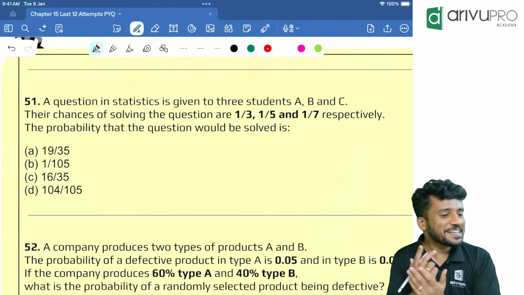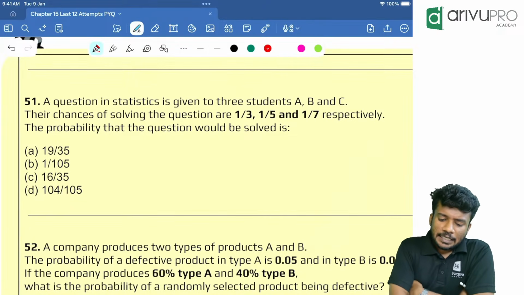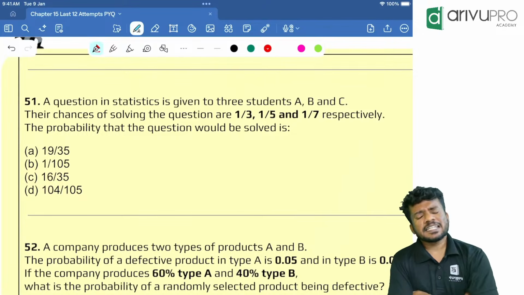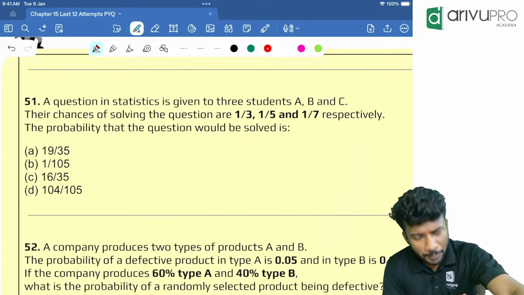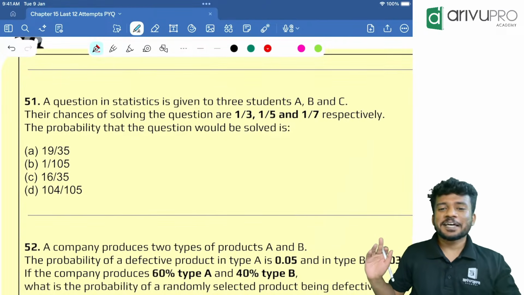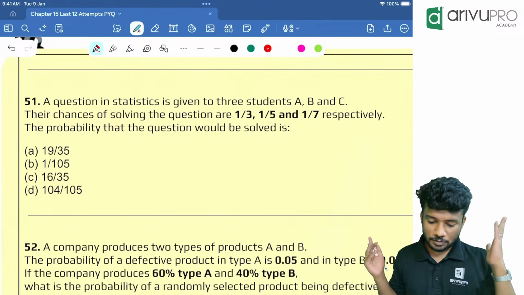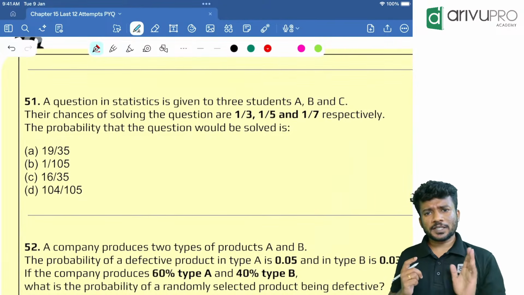Everyone? Yes. Next question. A question in statistics is given to 3 students A, B and C. Their chances of solving the question are 1 by 3, 1 by 5, 1 by 7 respectively. The probability that the question would be solved is what? So people, the condition is the question should be solved.